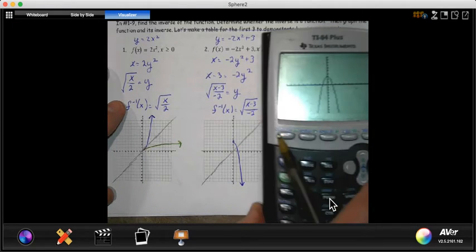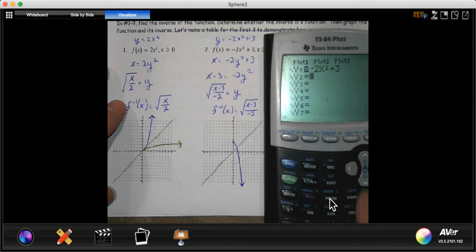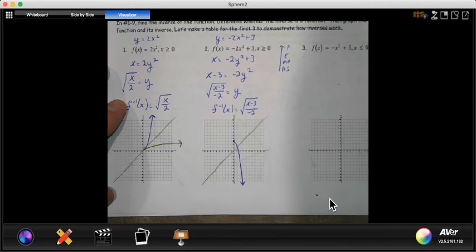Now we got to graph the root. So you can graph it without it or with it. Square root in parentheses x minus 3. Might need another set of parentheses for this. Or should we rewrite it so that it's easier to type it in? Let's do that.